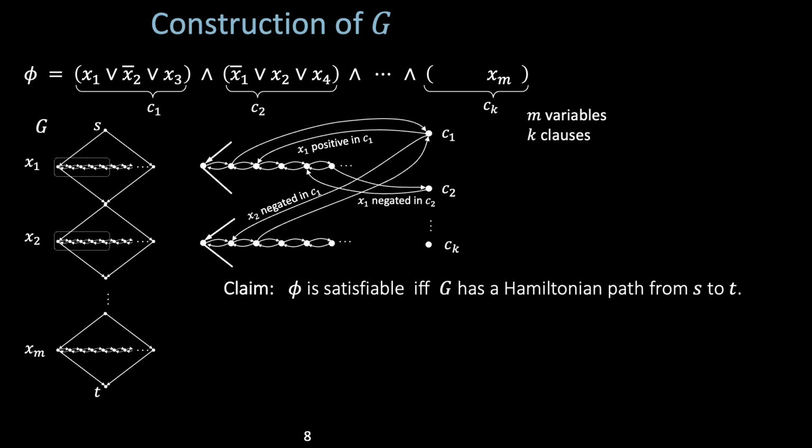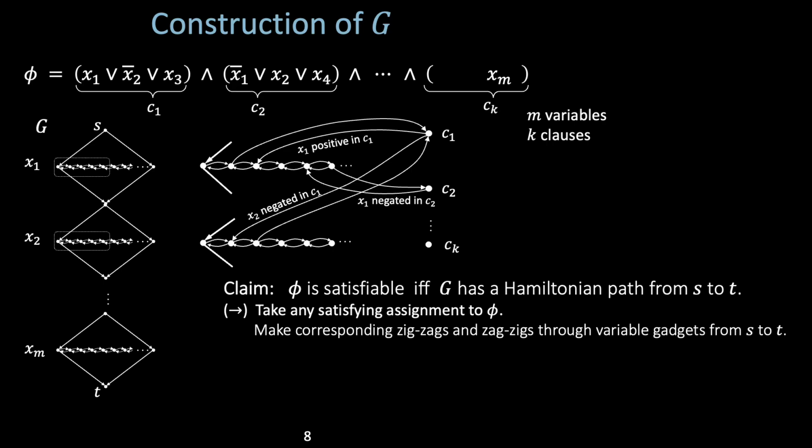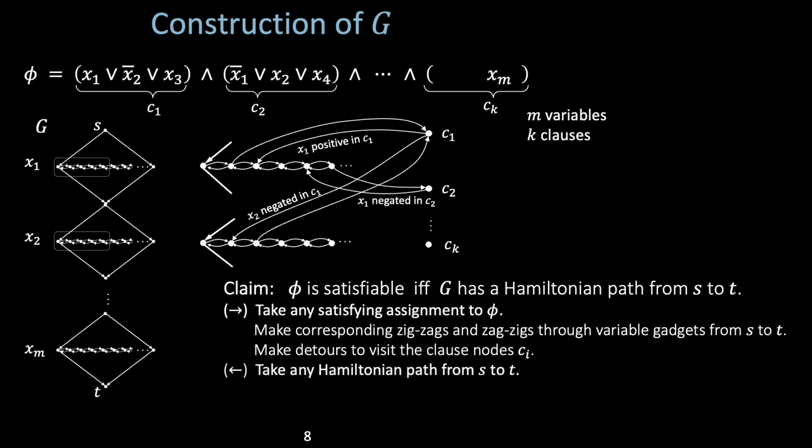Now, the claim, of course, is that phi is satisfiable if and only if G has a Hamilton path from S to T. We're going to take any satisfying assignment to phi. We'll make corresponding zigzags and zag-zigs, and we'll make detours to visit the clause nodes, and that will show that satisfiability implies that G has a Hamilton path.